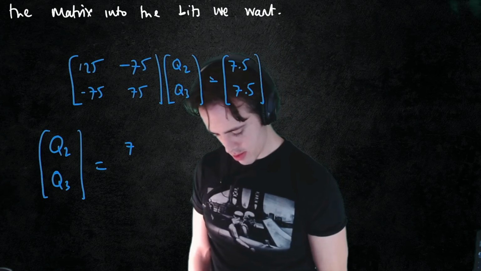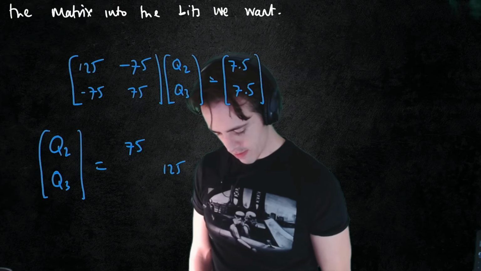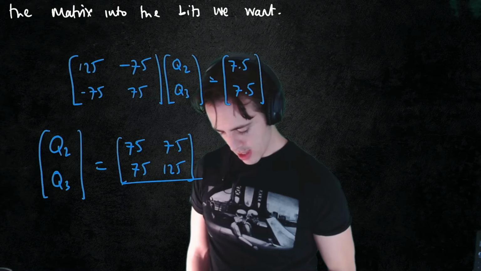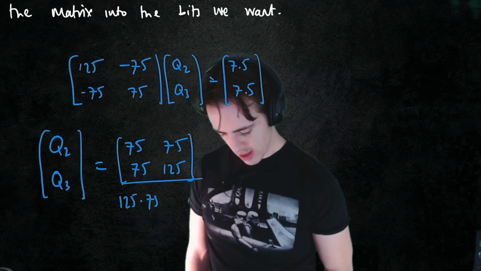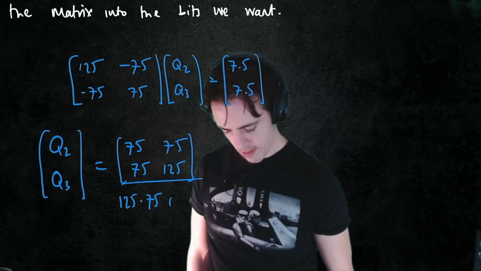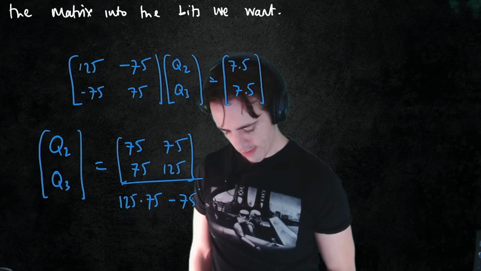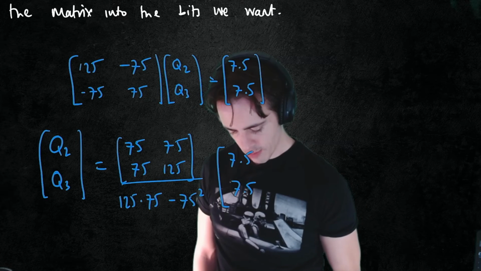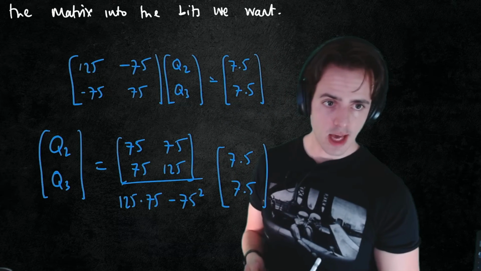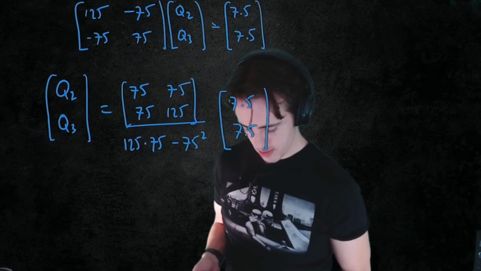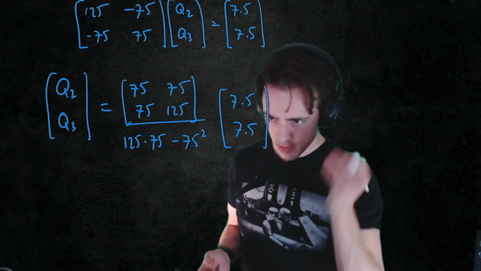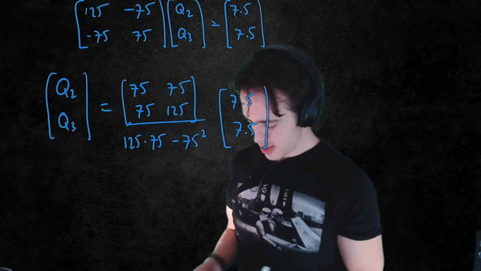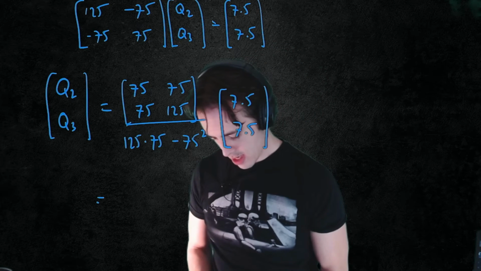So 75, 125, 75 and 75, divided by 125 multiplied by 75 minus 75 squared, multiplied by 7.5, 7.5. So let's get the trusty calculator out to work this out. One, 2, 5 times 75 minus 75 squared. It's 3,750.